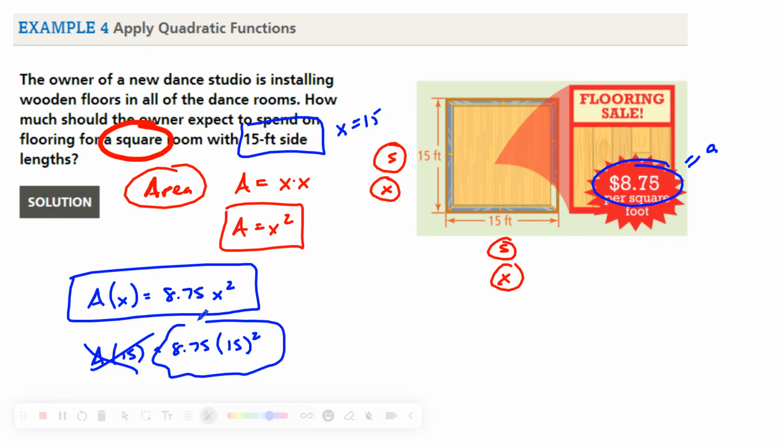So 15 squared, 225. 225 times 8.75 is $1,968.75. So again, if you do it in pieces, it'd be 8.75 times 225, and that is $1,968.75. And that is how we use a quadratic function to model a cost function for area, and this is of flooring this space. Okay?